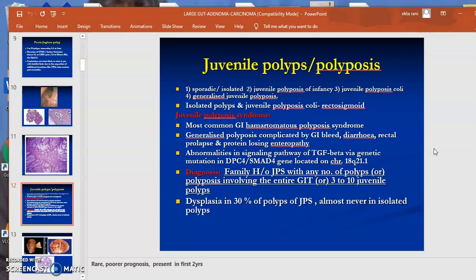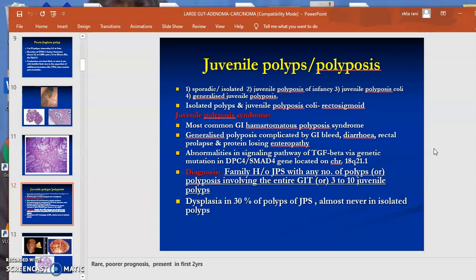The isolated form and juvenile polyposis coli occur in the rectosigmoid region. Now the juvenile polyposis syndrome is the most common GI hamartomatous polyposis syndrome.